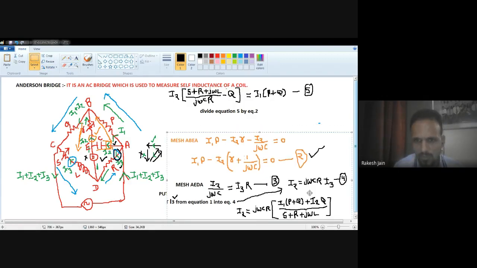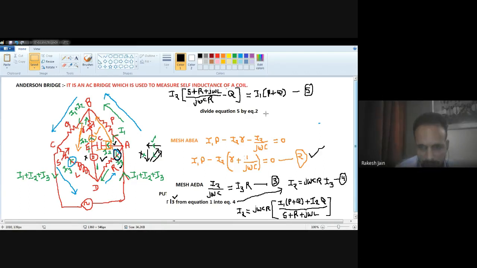This equation has I1(p + q) at the right hand side, and here we have I1 p. So I1(p + q) divided by I1 p is equal to I2(s + r + jωL − q/(jωC r))... that will be divided by (r + 1/(jωC)).